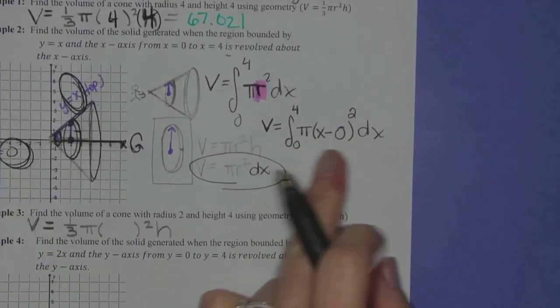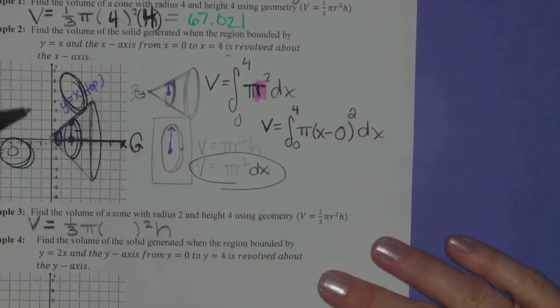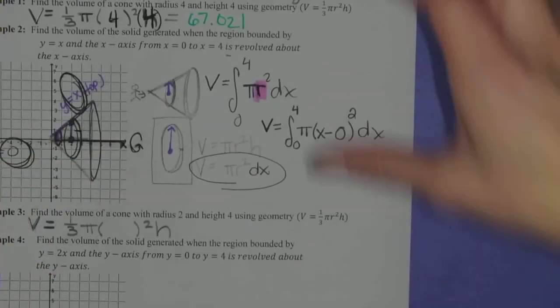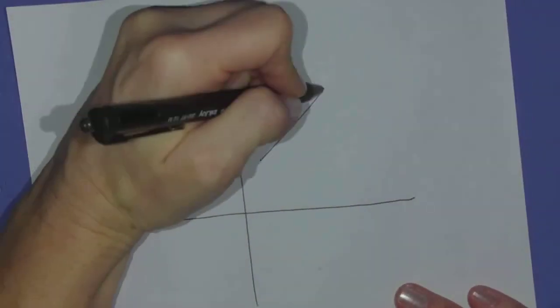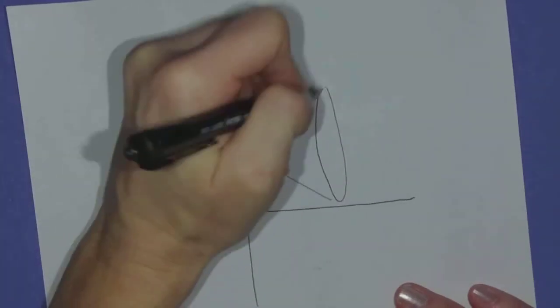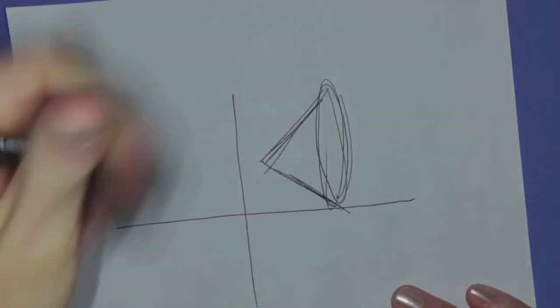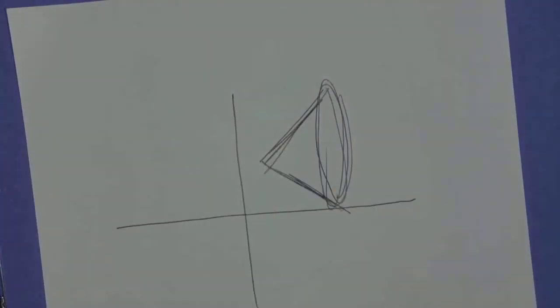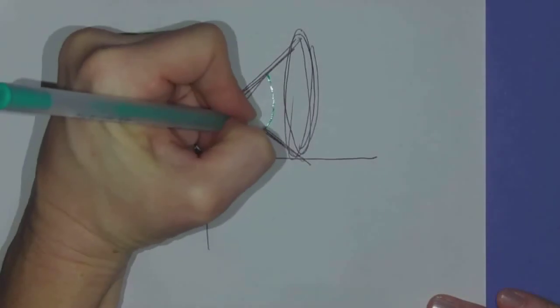And even though it doesn't seem necessary now, if our three-dimensional object is displaced off of the x-axis, it will come into play. I'll show you how. So say you have your cone, but now it's up here. Now, when you're trying to find the radius of a cross section, here's your cross section.